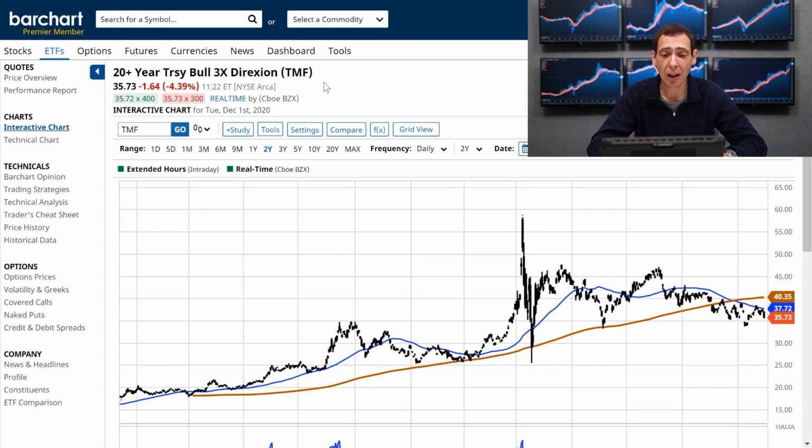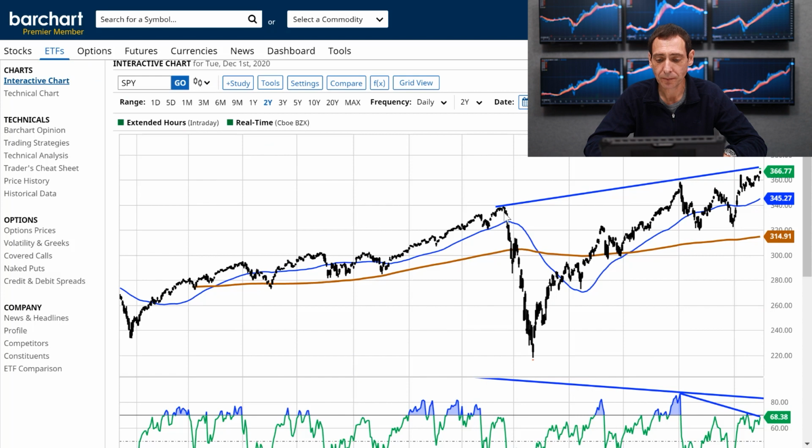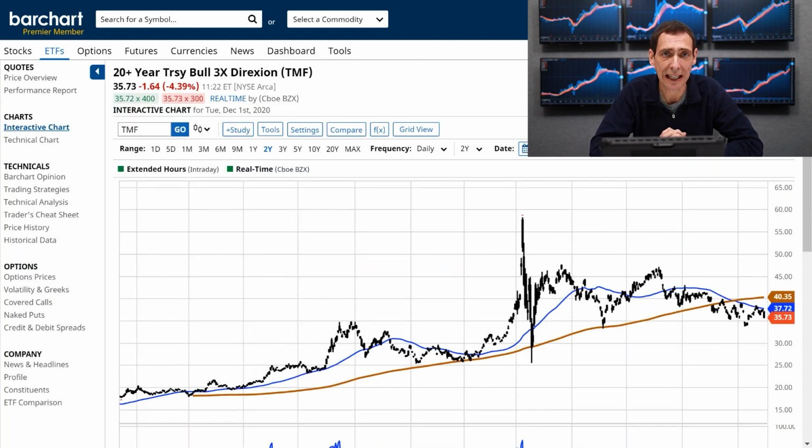When we saw the downside in the S&P in March, our hedge gave us over 600% gain in that. And we ended up March, if I recall correctly, really up instead of really down. So TMF is the ticker symbol.